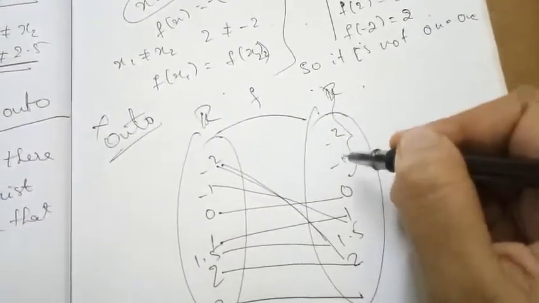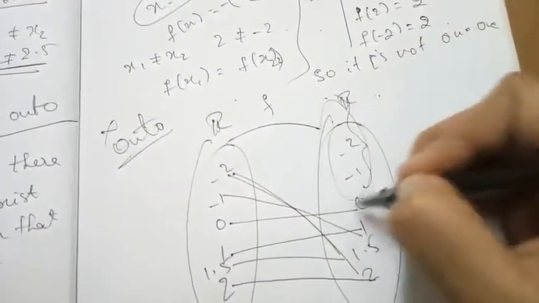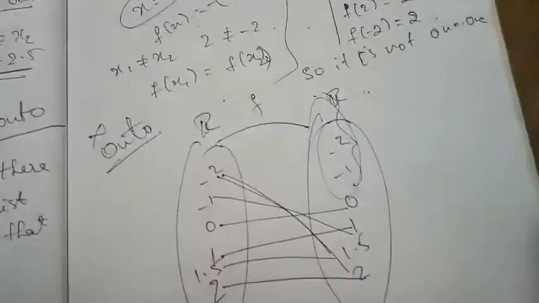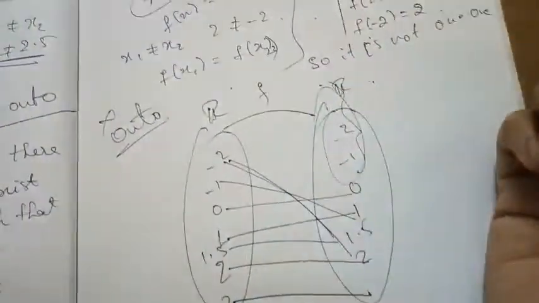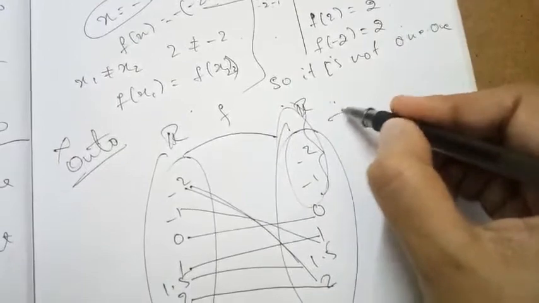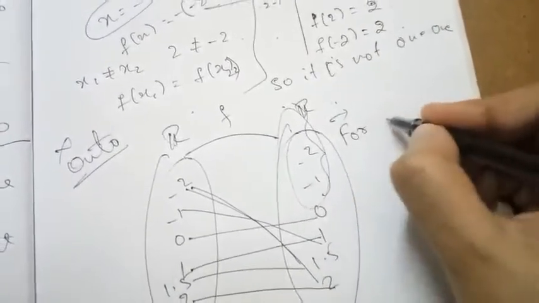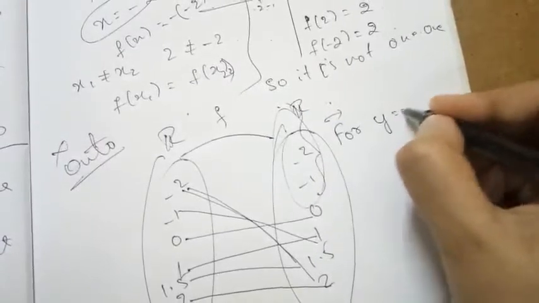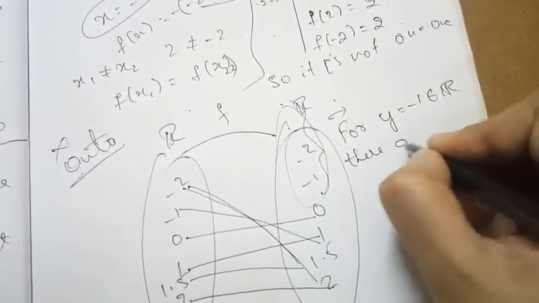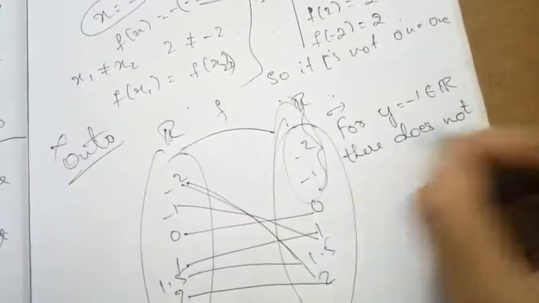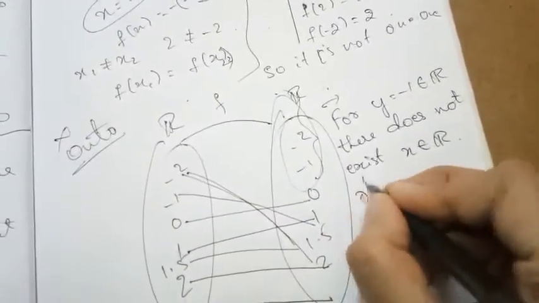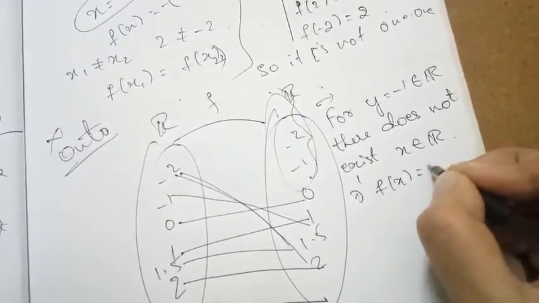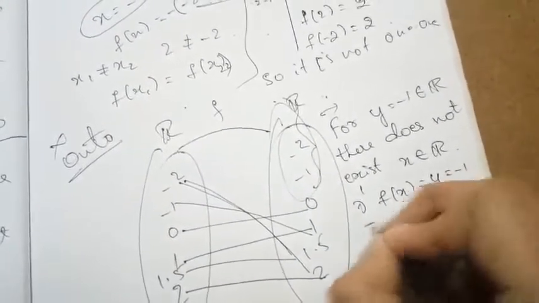So it is not at all an onto function, because the negative elements in the codomain are not the image of any element present in the domain. To write it as a verbal statement: for y equal to minus 1, which belongs to the set of real numbers, there does not exist x belonging to the set of real numbers such that f of x is equal to y, which is equal to minus 1.